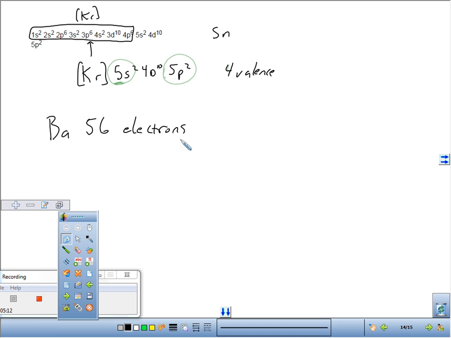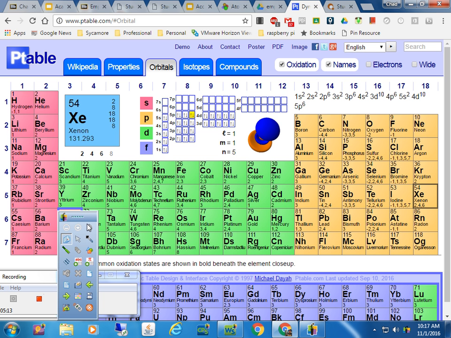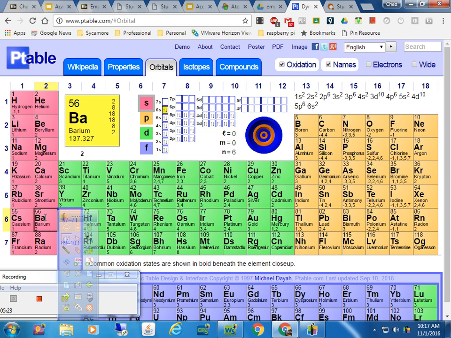Instead of having to write out the first 54 electrons, I'm going to stop at the previous noble gas. Here's barium, and here's the first noble gas, xenon. These are up to 5p6, all of those electrons.